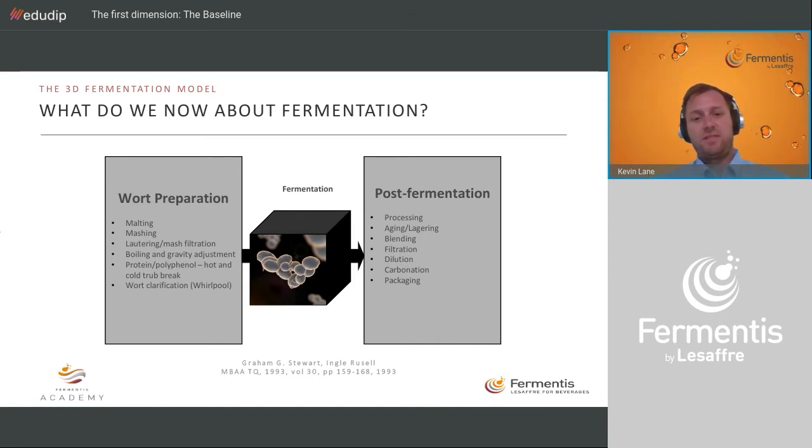And the way that Graham explained beer and the fermentation process, he explained that we know wort preparation fairly well, and we know post-fermentation fairly well. In wort preparation, we know malting, we know mashing, the enzyme activity, the temperatures, the diastatic power of the malts. We know the lautering and mash filtration, temperature of water to use, and your efficiency there.